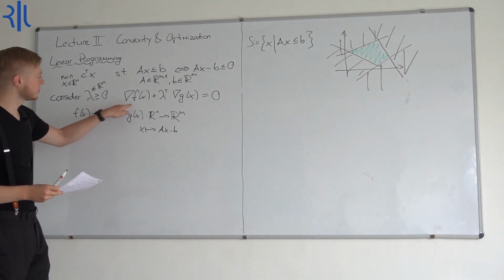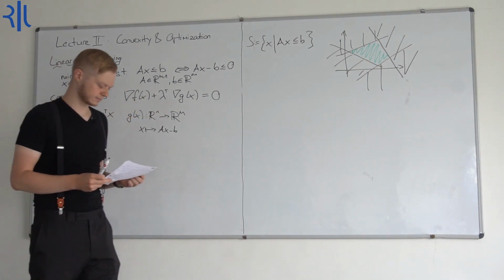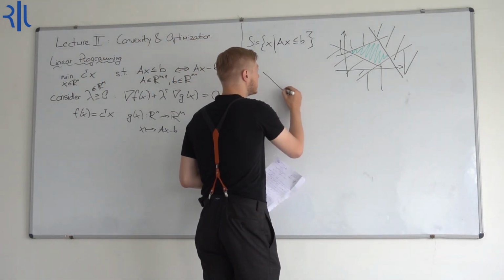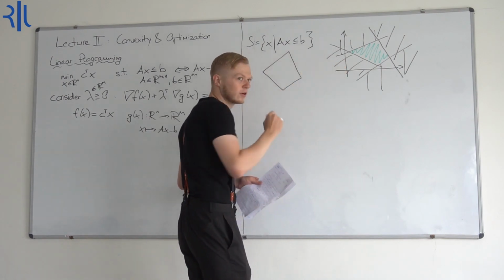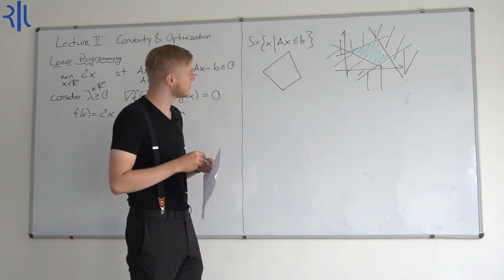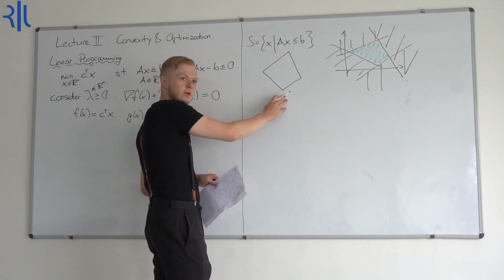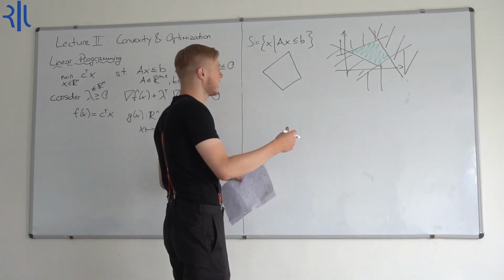And why should we be interested in points that look like that? I just try to redraw our polyhedron here, our feasible set. G consists of m different functions, right?